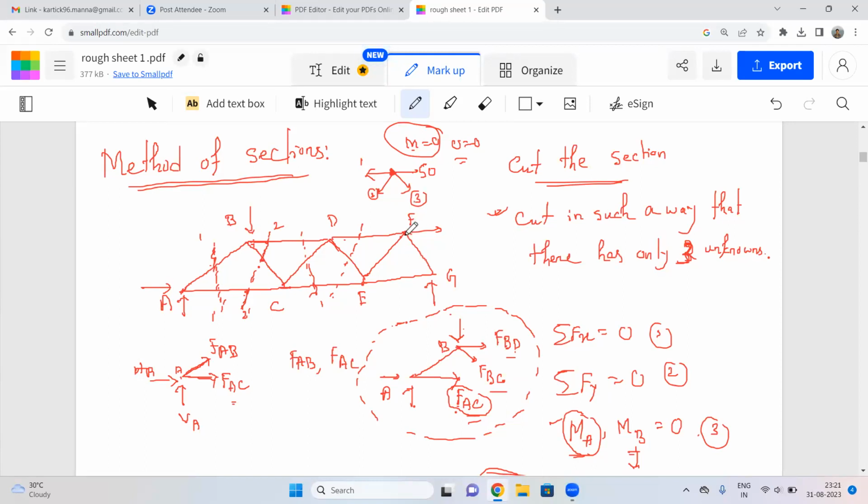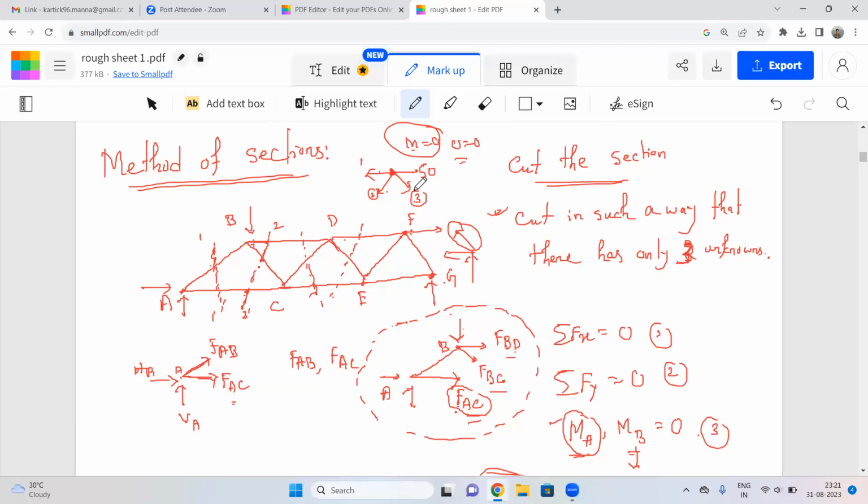So for that, what you need to do first, you need to do for point G. For point G, one force this side, another force this side, this one. So from here, you will get this FG. Then you need to put it here. Then from here, you can calculate these two.